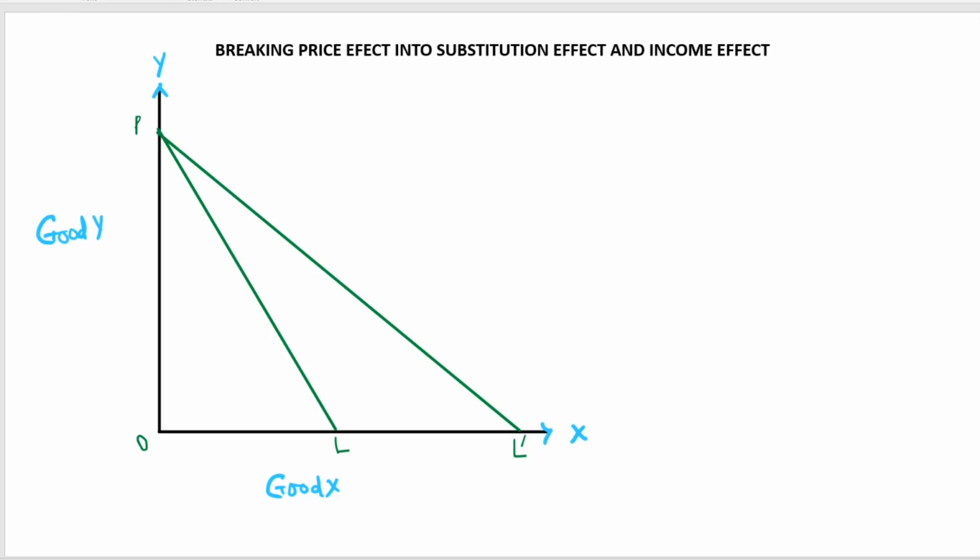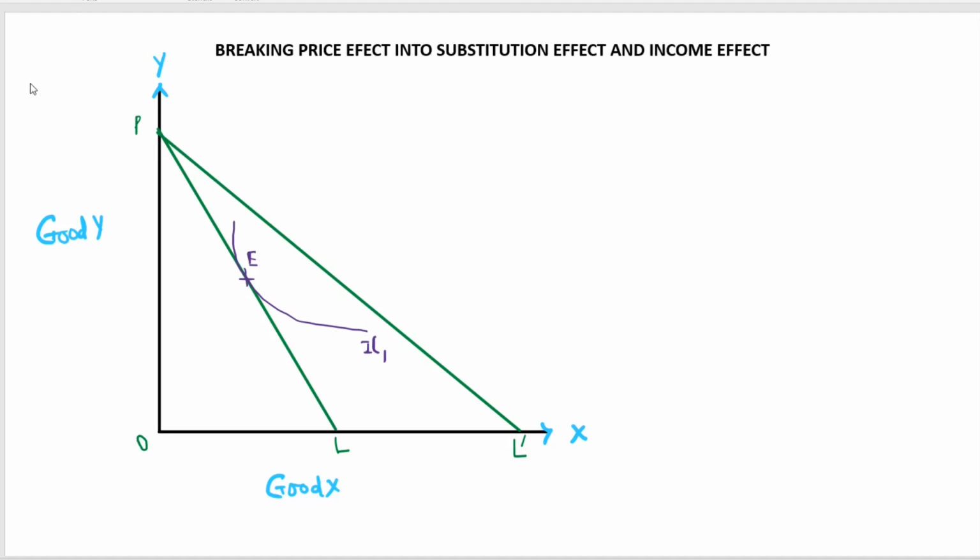So initially, if we see the indifference curve, say the indifference curve was at equilibrium at a point E for the price line PL. So say this was my indifference curve 1, IC1, and you can see it is in equilibrium at a point E on this price line.